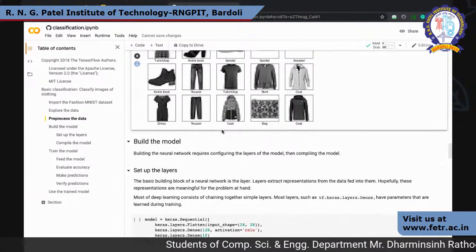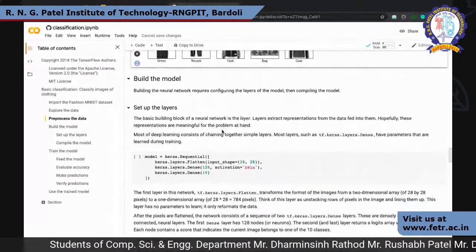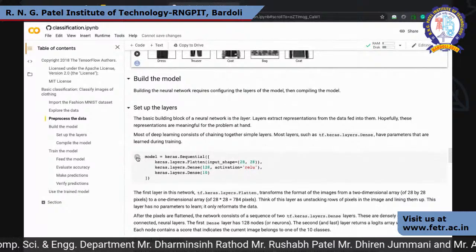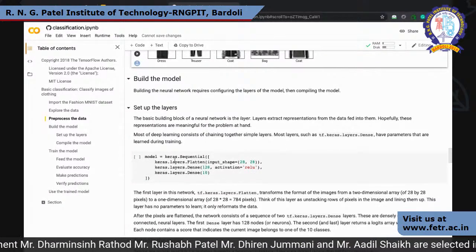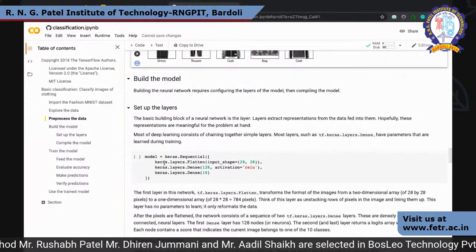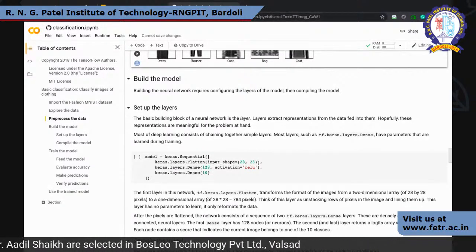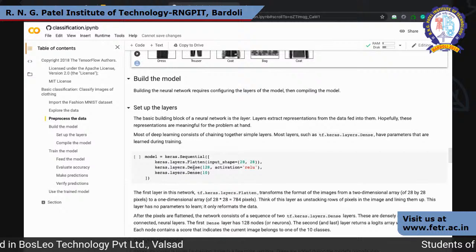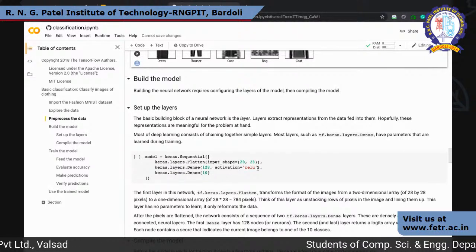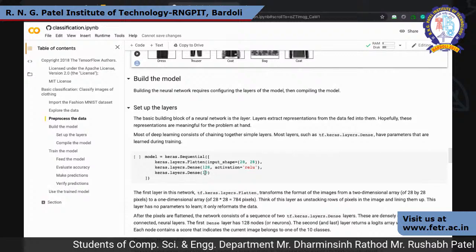Now let's build the model. It is a very simple model using the Keras sequential API. What we did is we took the first layer, a flatten layer, as the input of 28 by 28, and then we took one dense layer of 128, and then the last dense layer of 10.